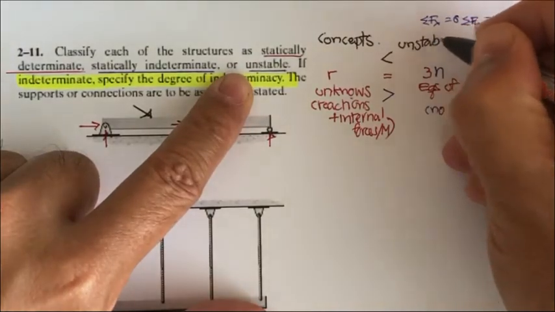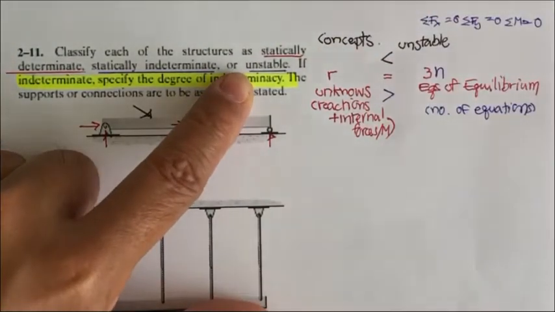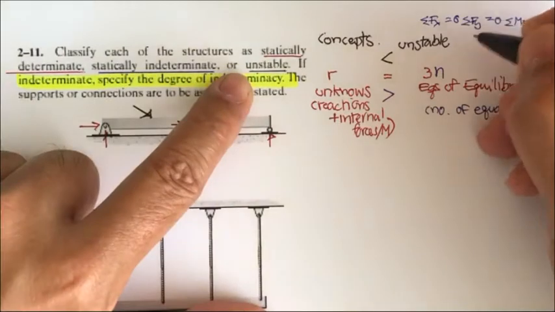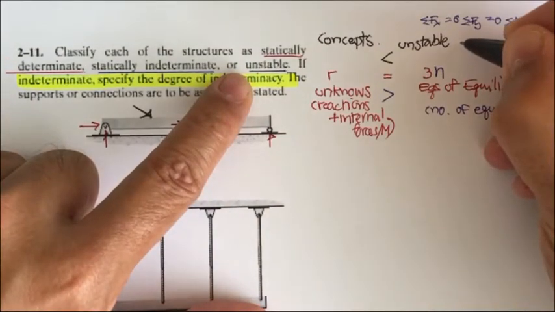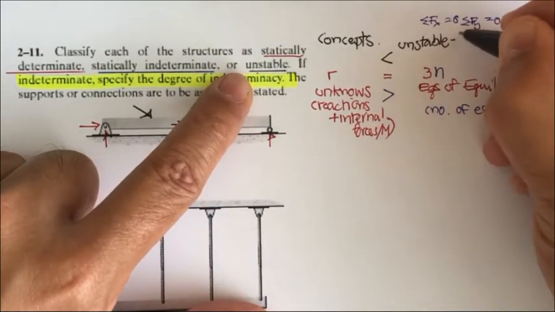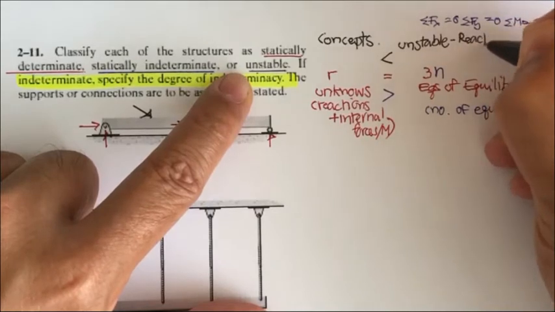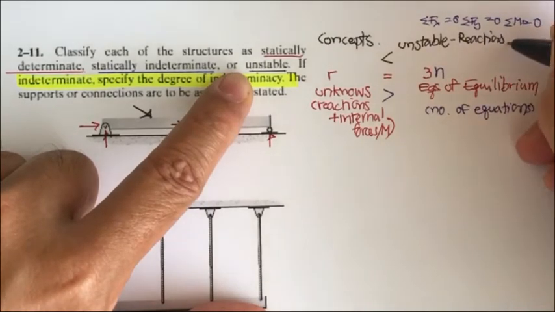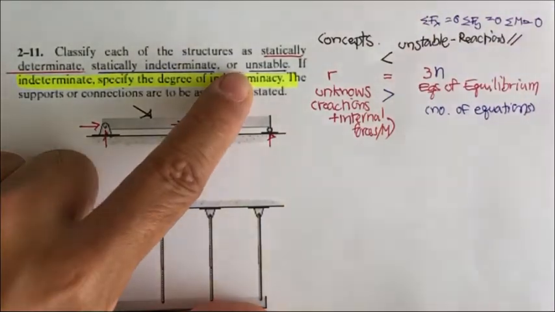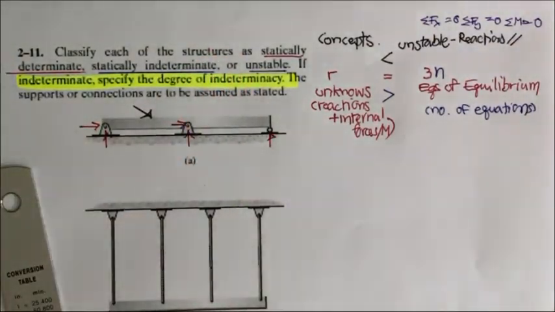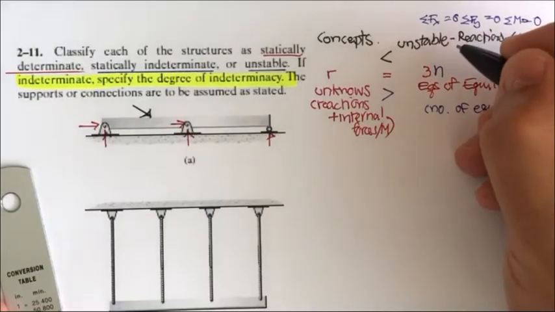Okay, one, if the reactions are all parallel. That means the structure has all parallel reactions. That may be called unstable also.